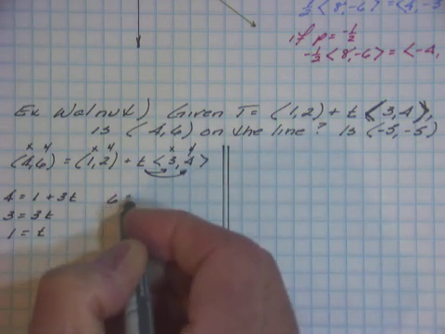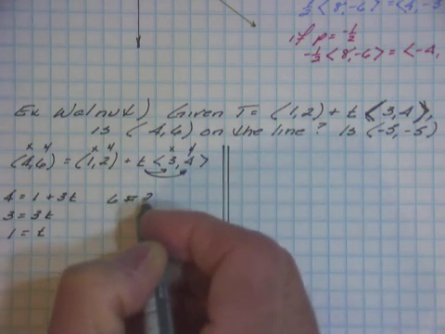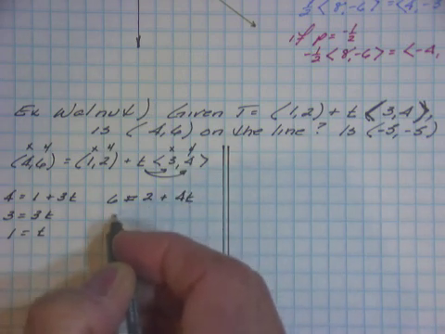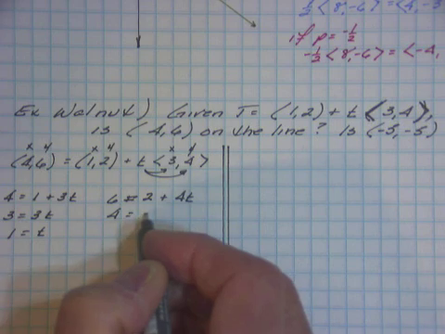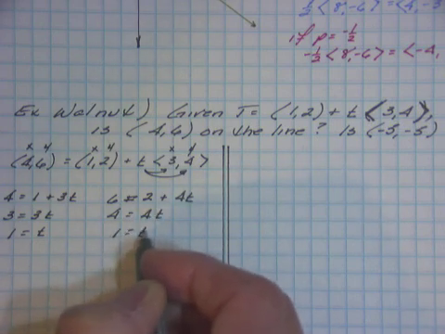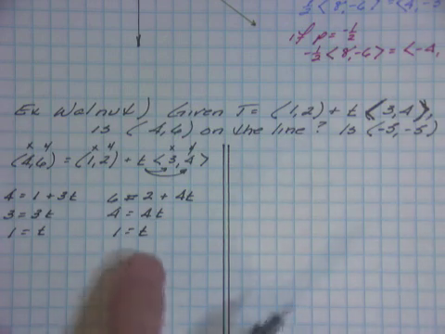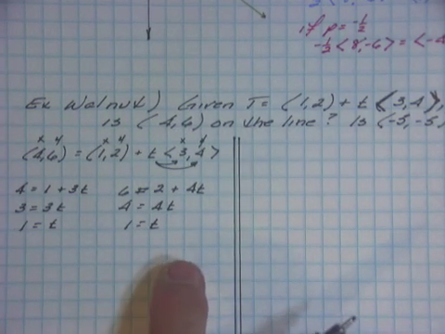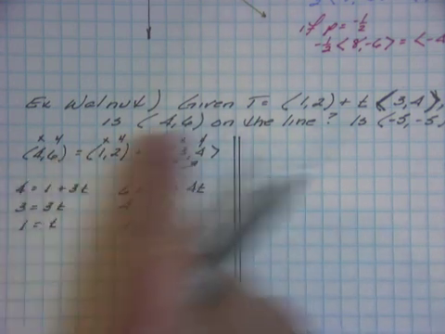Now let's look at the y's. We've got 6 equal to 2 plus 4t. Subtract 2 from both sides, and 4 equals 4t. Divide both sides by 4, and again, t equals 1.